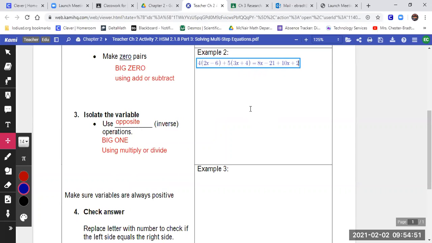Okay, like I said, the steps aren't drastically different than yesterday. They're the exact same steps. It's just more complicated looking. There's a little bit more we have to do.